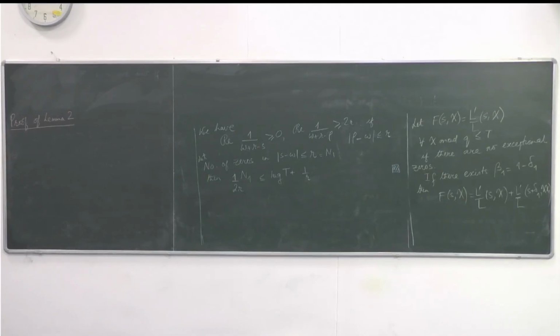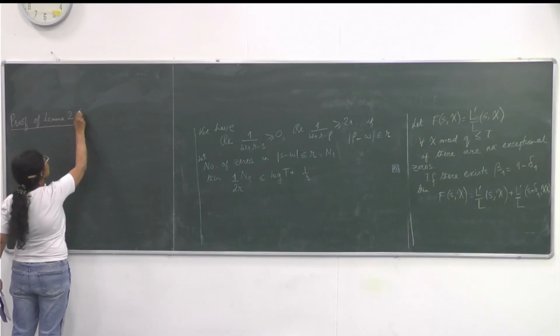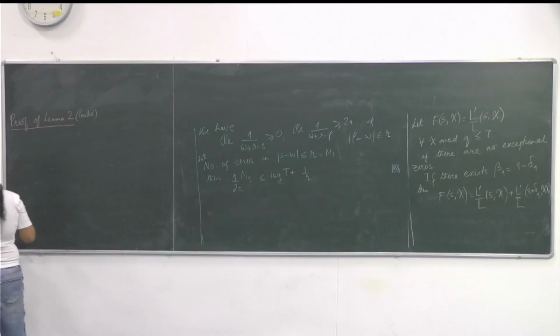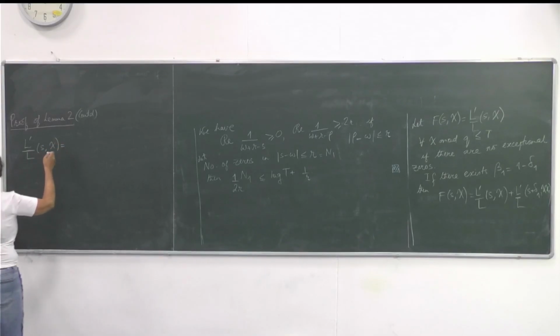So using a known result, this is still lemma 2. L prime by L of S, chi, you have seen this several times over.